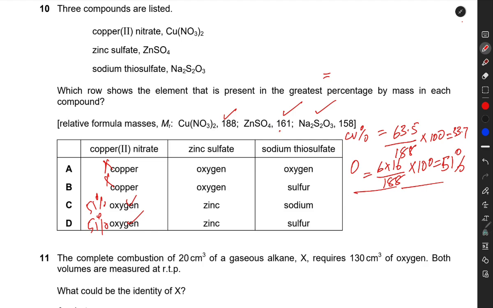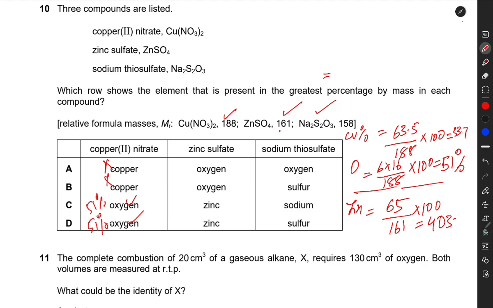Zinc sulfate Mr is 161. Zinc is equal to 65 divided by 161 into 100, so this is 40.3.